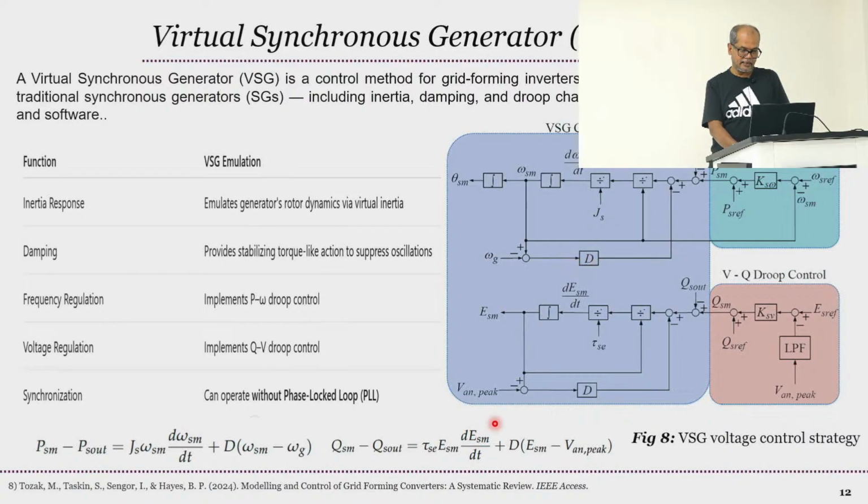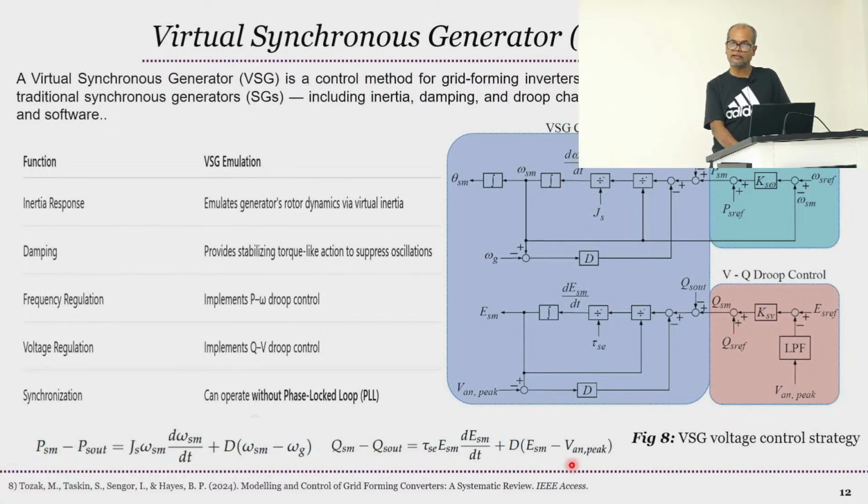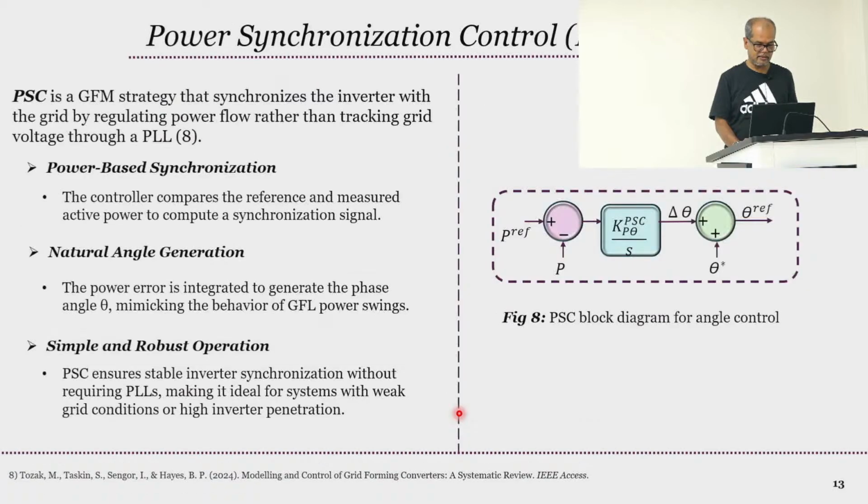Once you rearrange this equation, putting everything on the left-hand side and the other terms on the other side, you can easily develop these two blocks, and that's how you get the angle and voltage which we need for your grid forming inverter. As it uses damping, inertia and droop coefficient, it tries to mimic the characteristics of the synchronous generator.